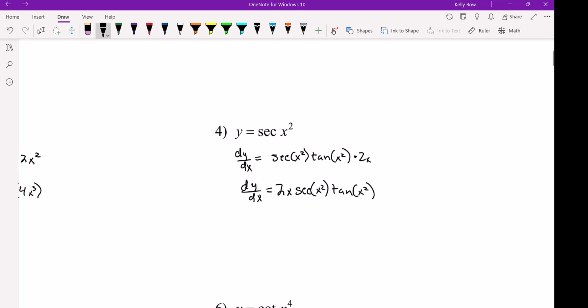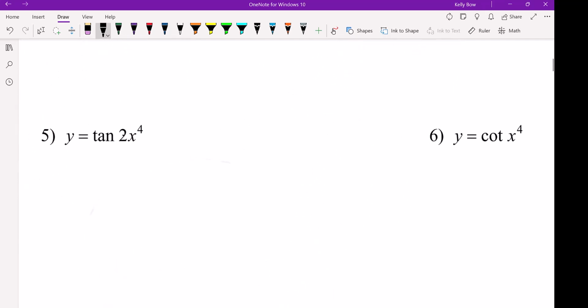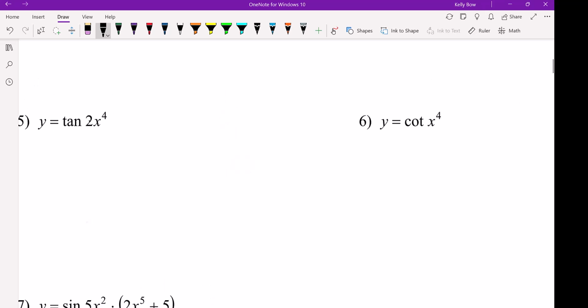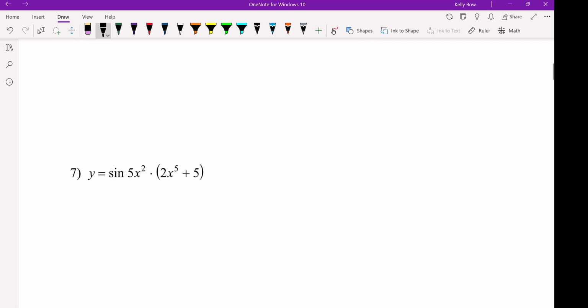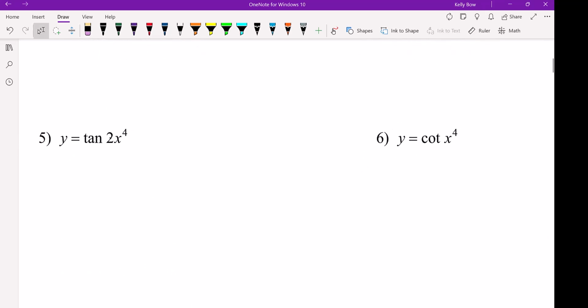And so it goes like this. These are the trig derivatives. I'll go ahead and finish the next. Oh, and then there is a product rule that we'll get to next, but I'll finish these.